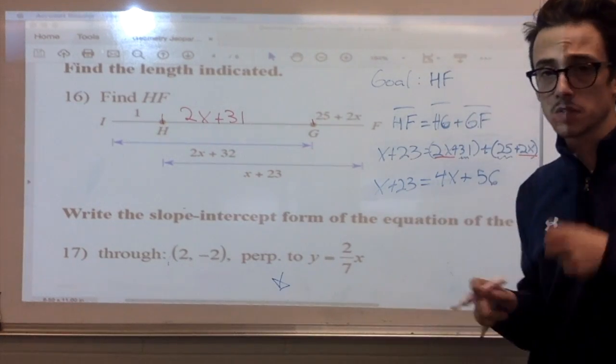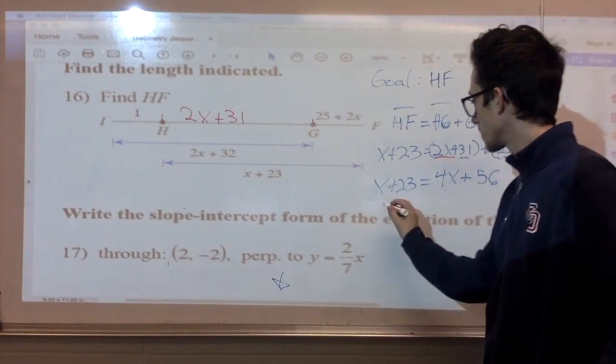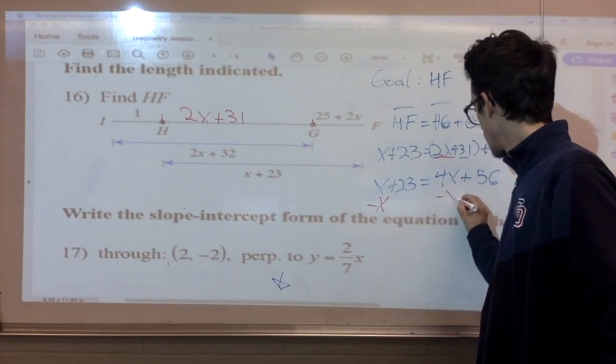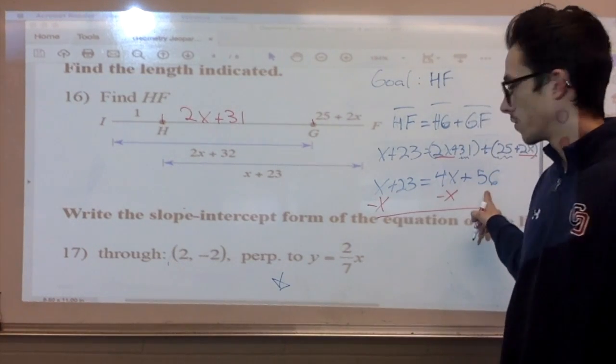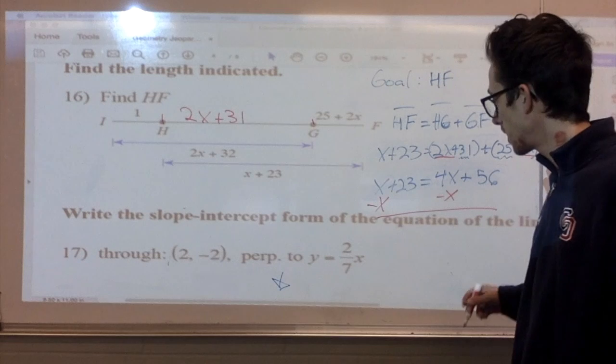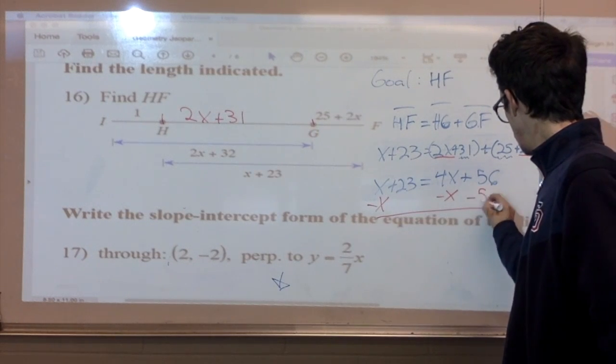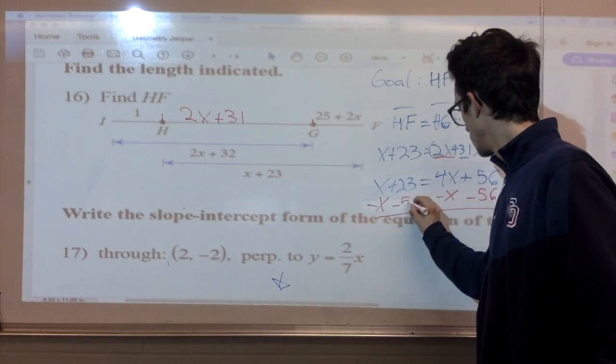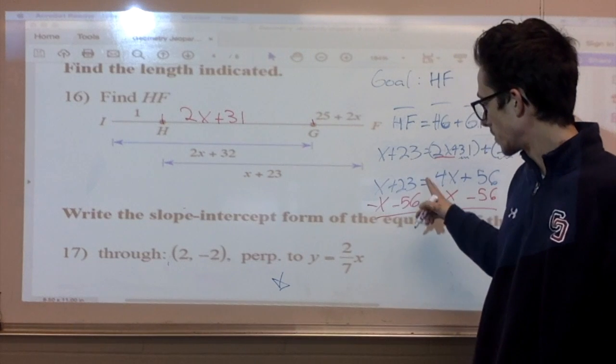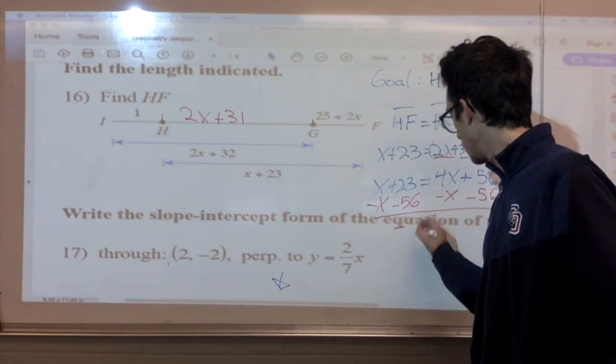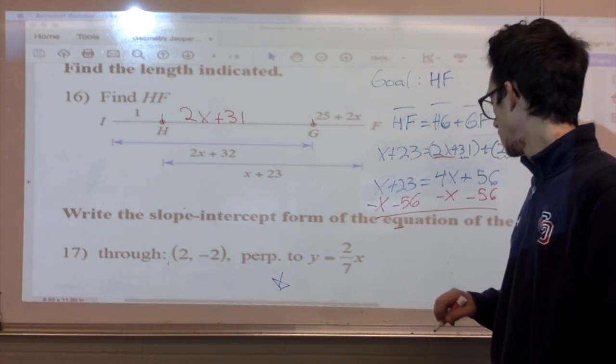Use your algebra skills to solve for x. We can deduct x on both sides. We can get rid of the 56 and move it to the other side. This will then say that negative, what would that be?